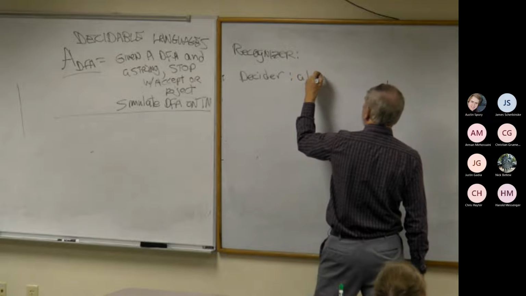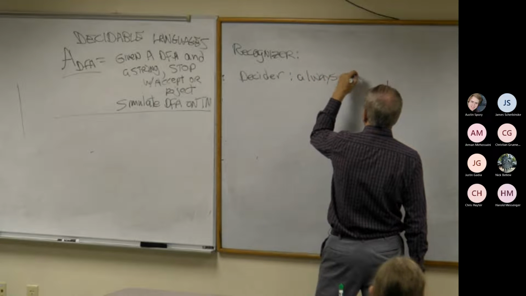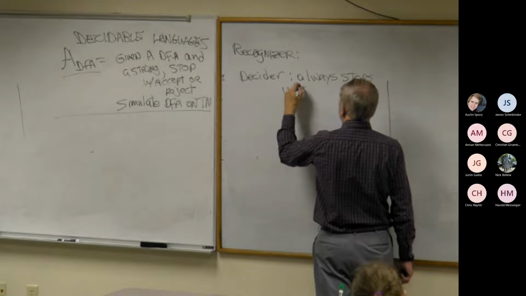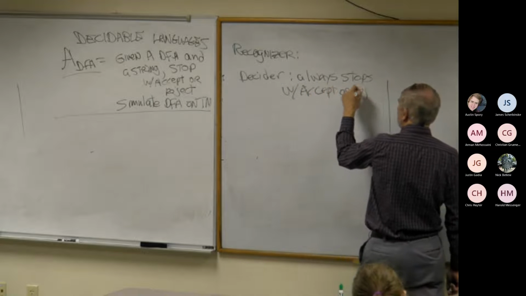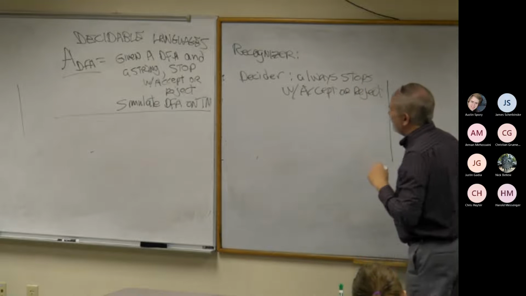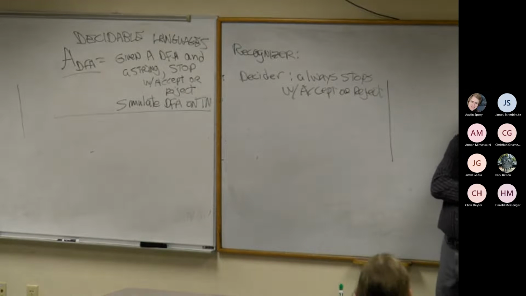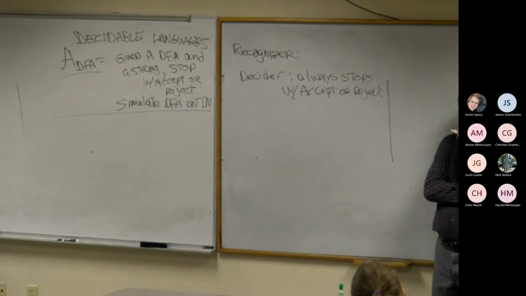The decider always stops with accept or reject. And what about a recognizer? A recognizer actually has more possibilities. It is guaranteed that if a string is in the language, the recognizer will stop with accept.